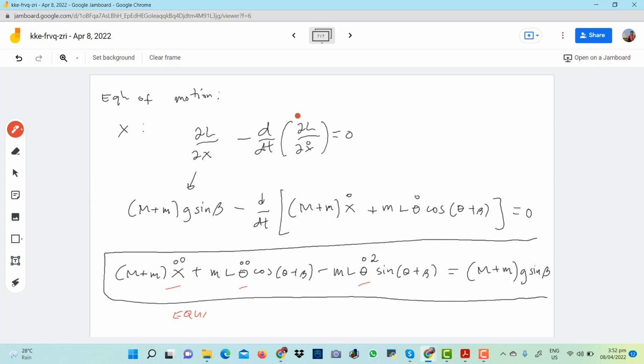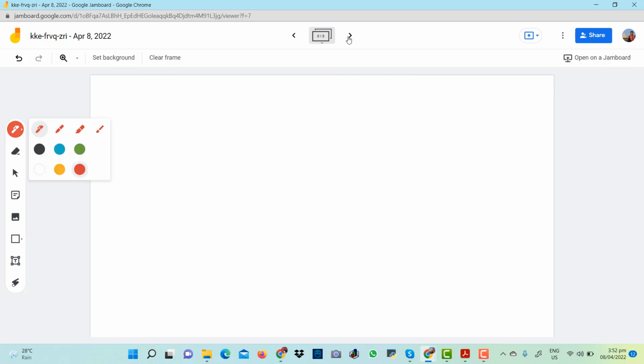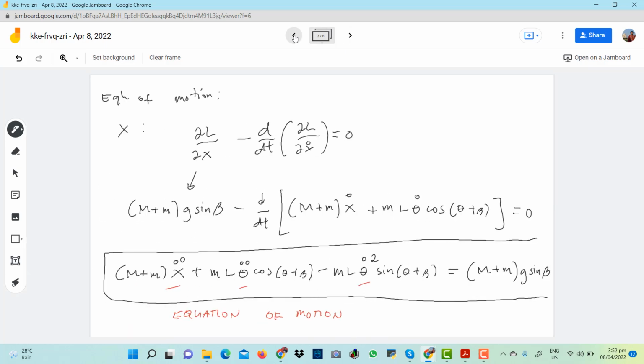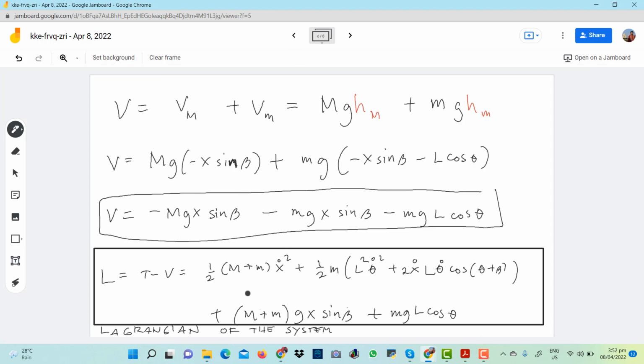The other one is with respect to theta. Equation of motion. The other one, in terms of theta, I have partial L, partial theta minus d dt of partial L, partial of theta dot equal to 0. So if I derive this with respect to theta, ang theta lang ako makita is only this and then only this one.